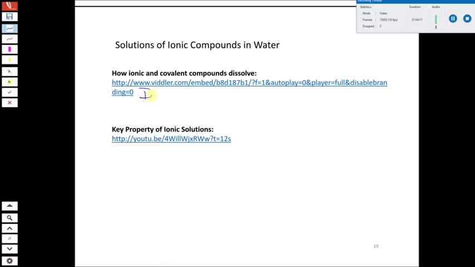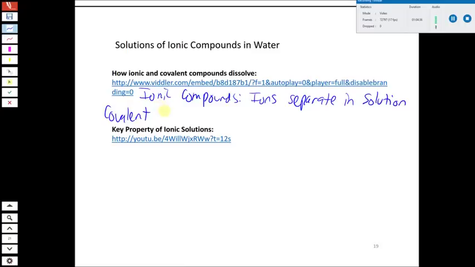But the key point here is that in ionic compounds, the individual ions separate in solution, so you get charged ions separating into solution. Whereas for covalent compounds, the example we showed there was methanol, which is a covalent compound.